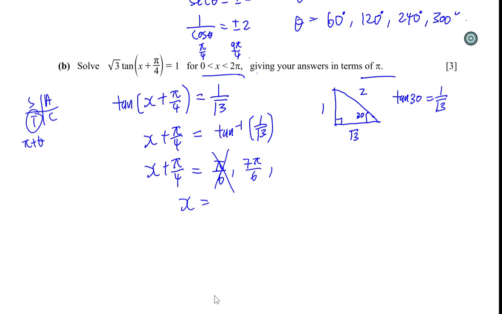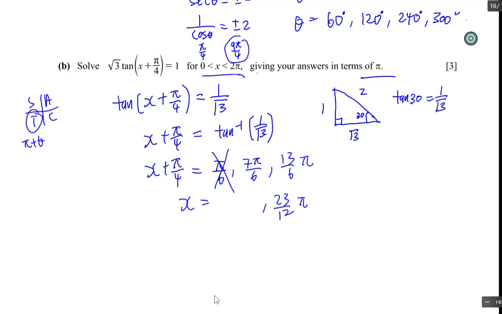So this is 13 over 6 pi. I think this value is within this range. So this one, let's say I minus pi over 4. Should be less than 2 pi, right? Yeah, less than 2 pi. So nice. So I will get 23 over 12 pi.